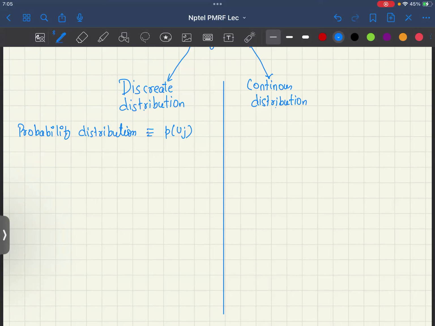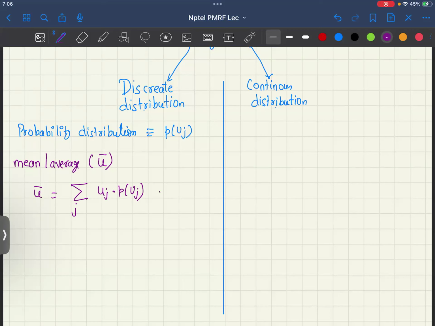In that case, the mean or the average, also denoted by u bar, for this discrete distribution is given as the summation over all possible states of the value of that state multiplied by the probability of it occupying that state.